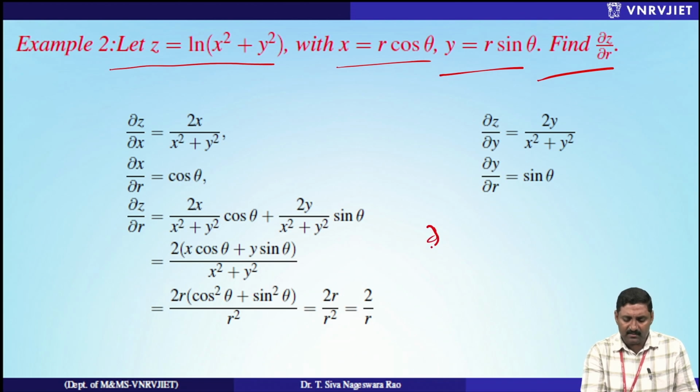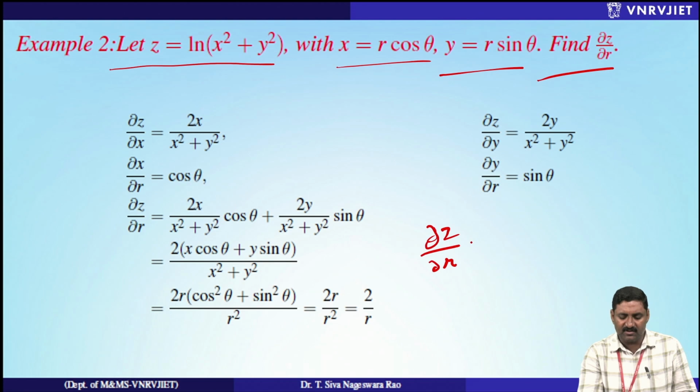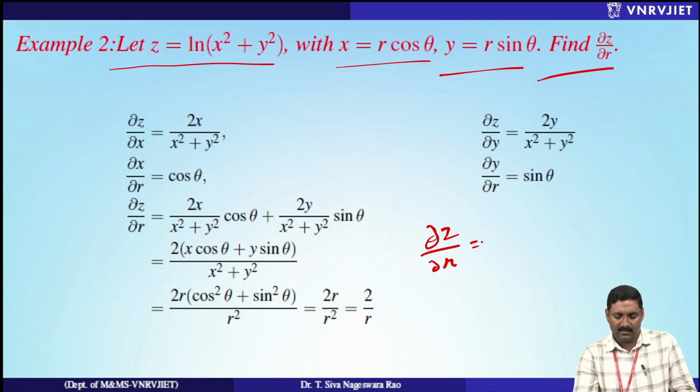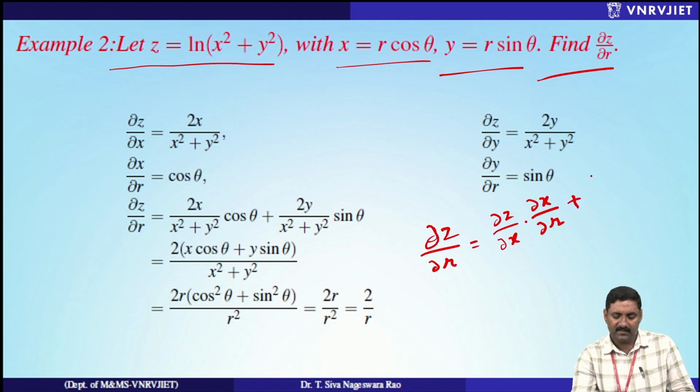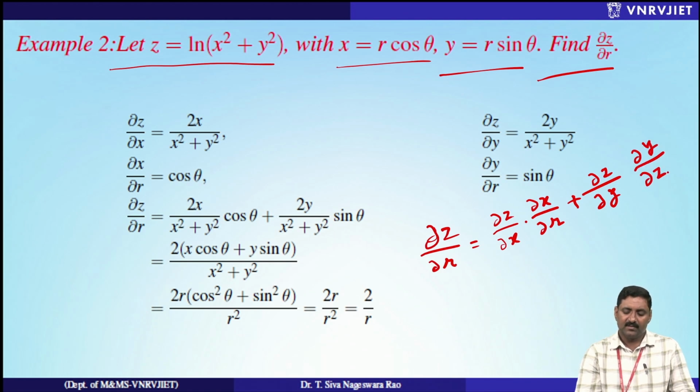Dou z by dou r is equal to dou z by dou x into dou x by dou r plus dou z by dou y into dou y by dou r.